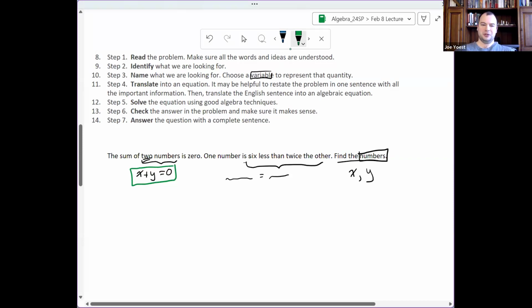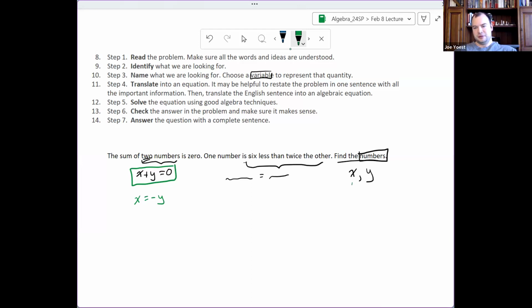Well, if the sum of two numbers is 0, then one just has to be the negative of the other, right? So either X equals negative Y or Y equals negative X. So if I come over here, really the two numbers that I'm looking for are negative Y and Y.